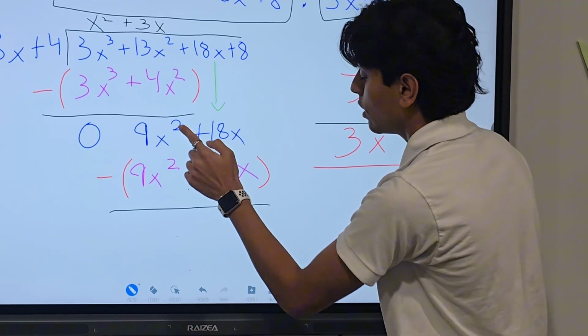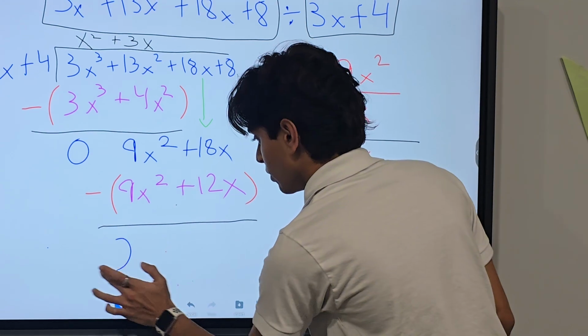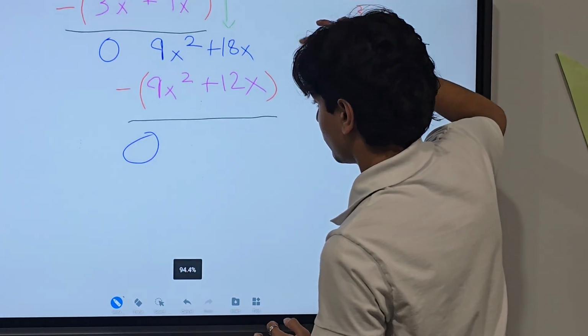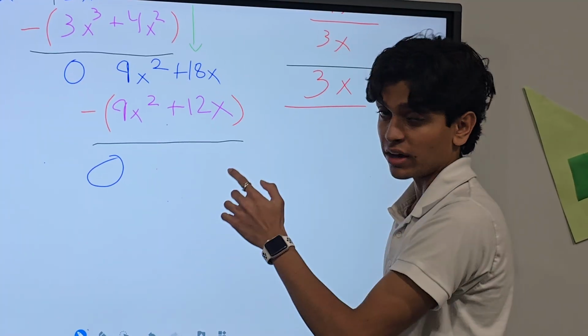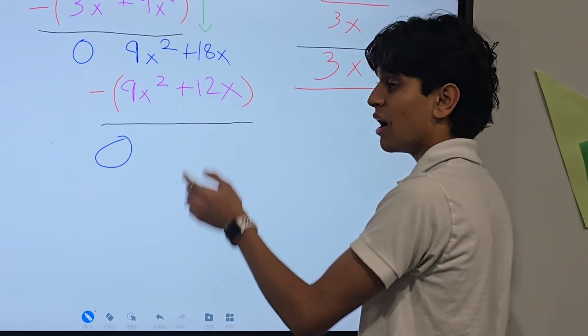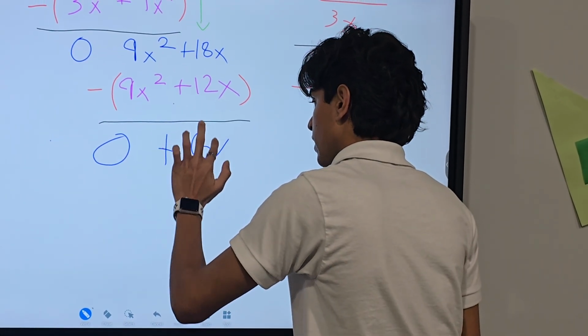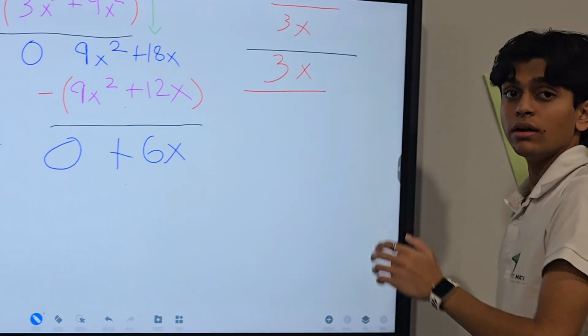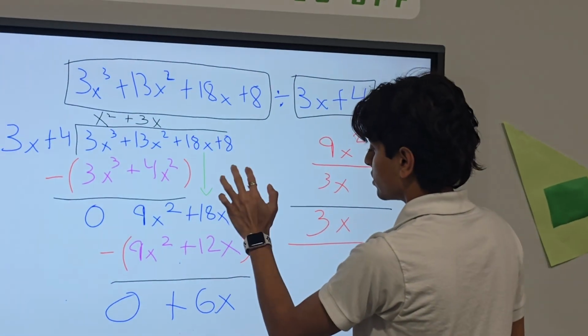So 9x squared minus 9x squared is equal to 0. And then we distribute the negative to our 12x also. That becomes negative 12x. So 18x minus 12x is equal to positive 6x. Now again, we will bring down our next term, which is positive 8.